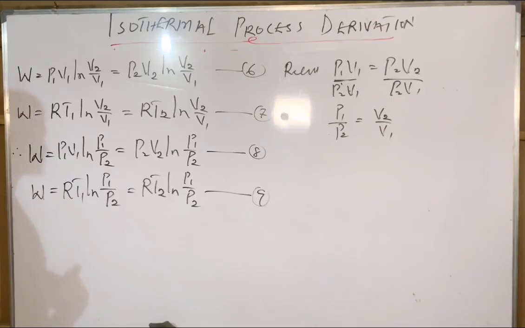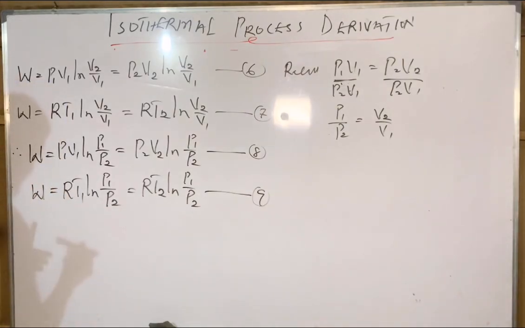If you're given the initial volume and the initial pressure, once your parameters here are complete, then you can use any of the equations to solve. If you're given initial temperature and final temperature and initial and final volumes, you can use this equation to solve. If you're given initial temperature and pressure and final temperature and pressure, you can use equation 9 to solve.